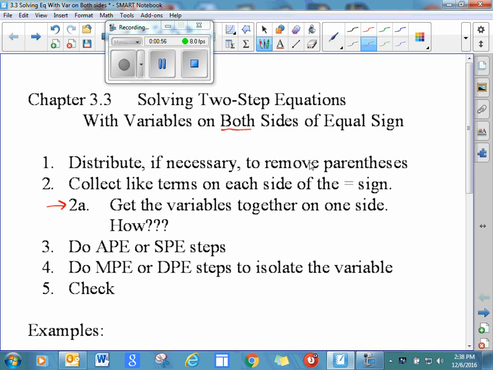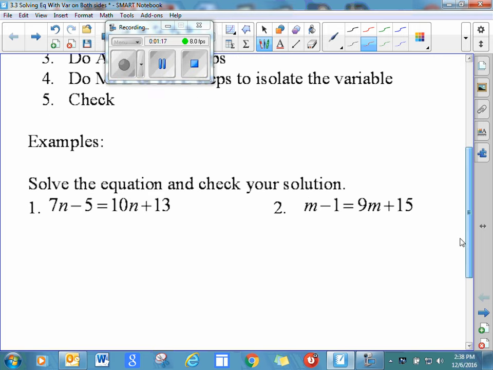Maybe there were like terms you had to collect on one side, but we haven't had x's on both sides. When that happens, you have to get them together on one side of the equal sign, and I'm going to show you how.